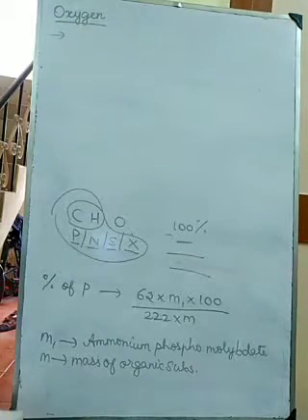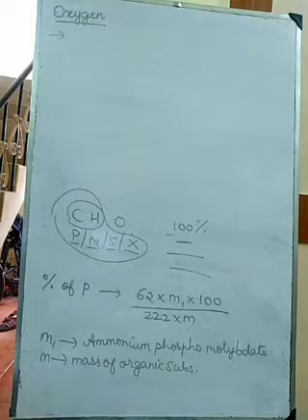So write down: the percentage of oxygen is found by the difference between the total percentage and the percentage of other elements.